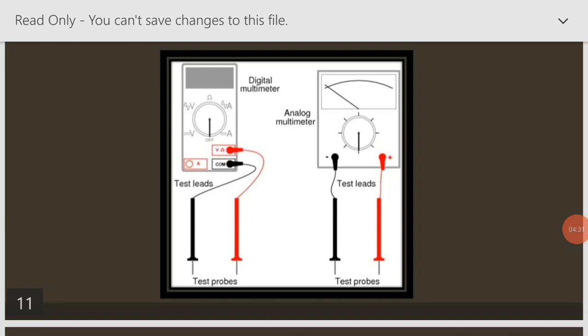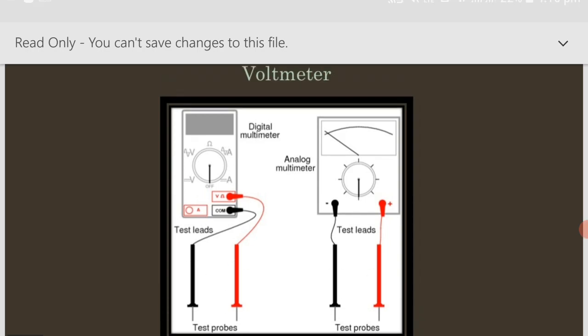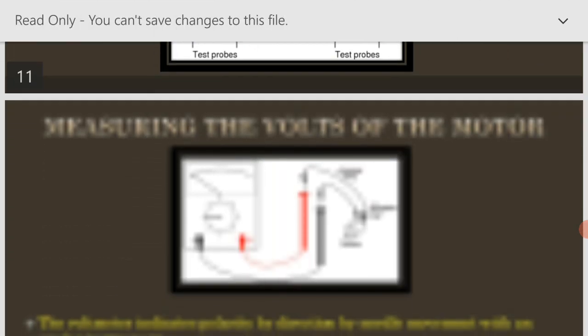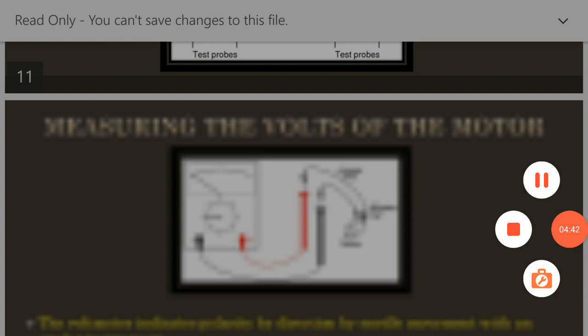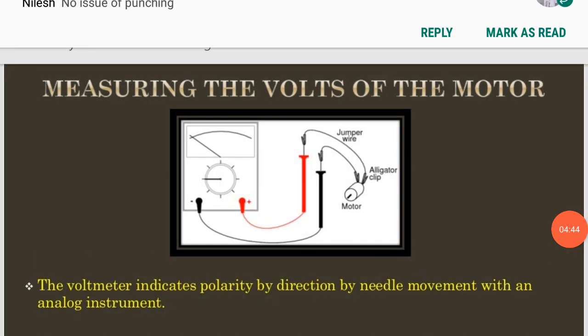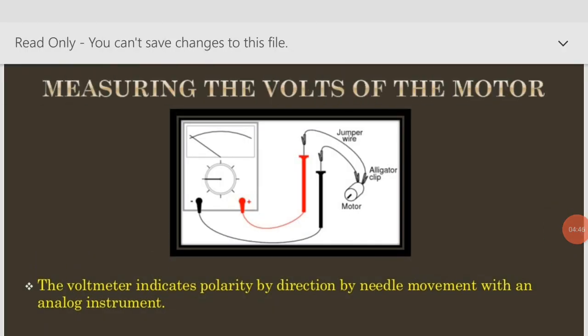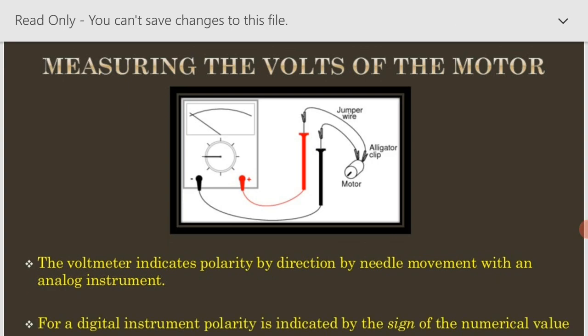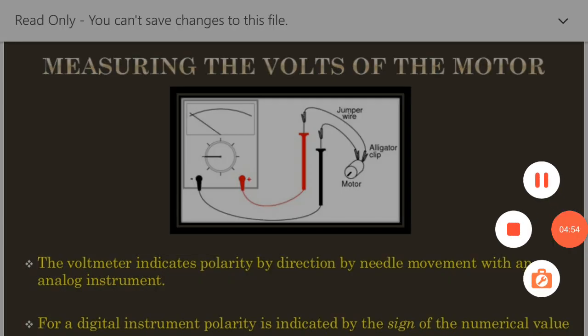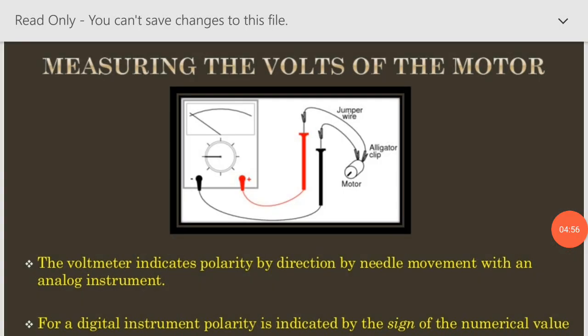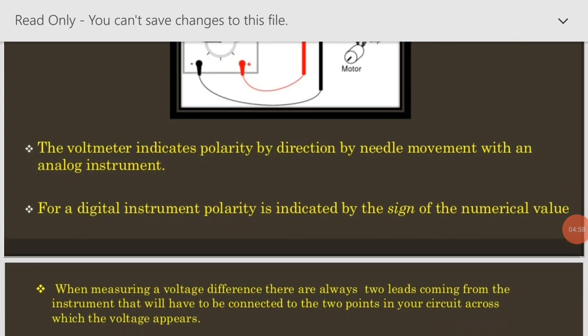After that, in the analog multimeter, the black wire is connected to the black probe and the red wire is connected to the red probe. When measuring the volts of a motor, the voltmeter indicates polarity by the direction of needle movement with an analog instrument. For a digital instrument, polarity is indicated by the sign of the numerical value.